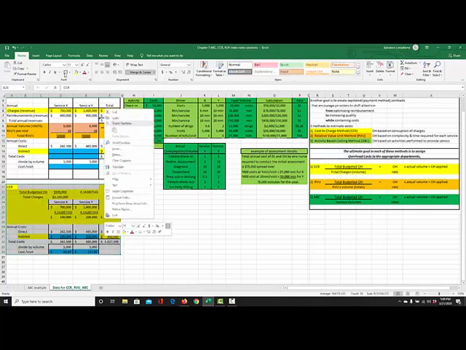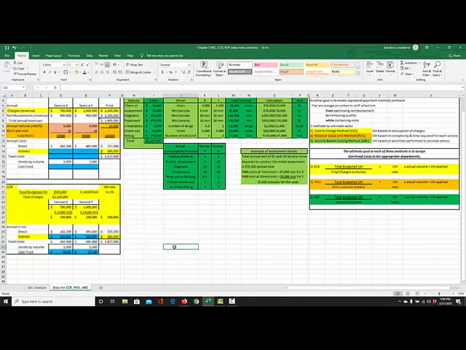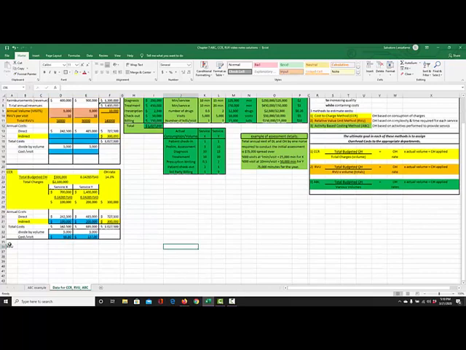Put a box around that thing. All right, so let's now do the RVU technique. So let me go down here, and I'm going to be doing this in orange.